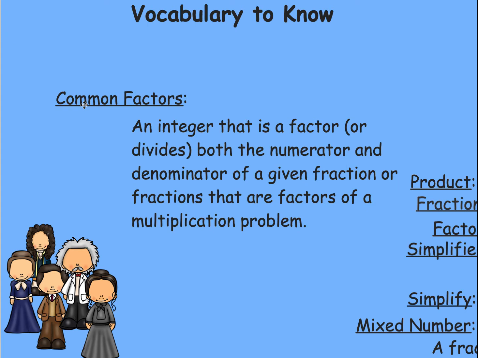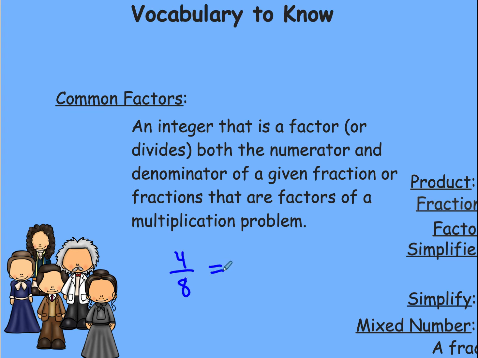So we just kind of discussed this, but common factors, remember, are integers. So again, 0, 1, 2, 3, 4, etc., plus their opposites, -1, -2, -3, etc. That is a factor, or it divides, thinking of it that way, both the numerator and the denominator of a given fraction, or fractions that are factors of a multiplication problem. So we just went over that 4/8 has common factors of 1, 2, 4.